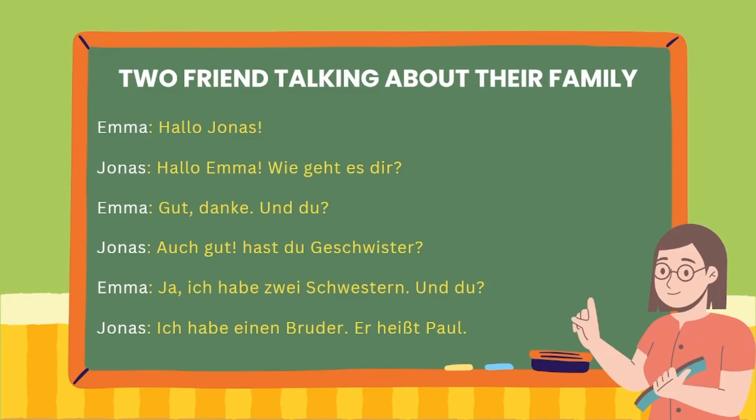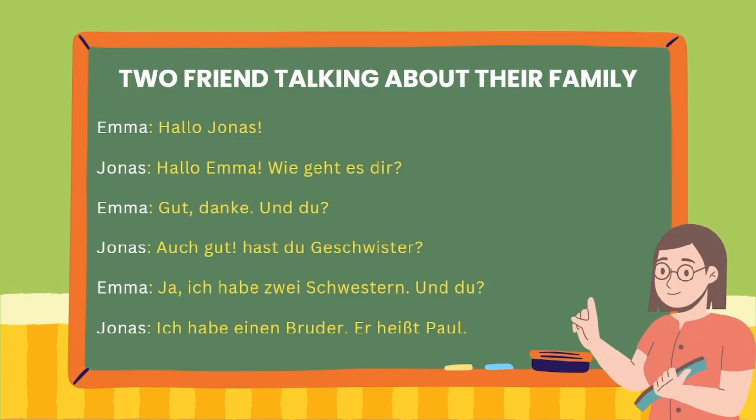Emma says, "Hello, Johannes." Johannes says, "Hello, Emma. Wie geht's dir? How are you?" Emma says, "Good. Danke. Und du?" Johannes replies, "Auch gut. Hast du Geschwister?" So Johannes says, "I am also good. Do you have siblings?"